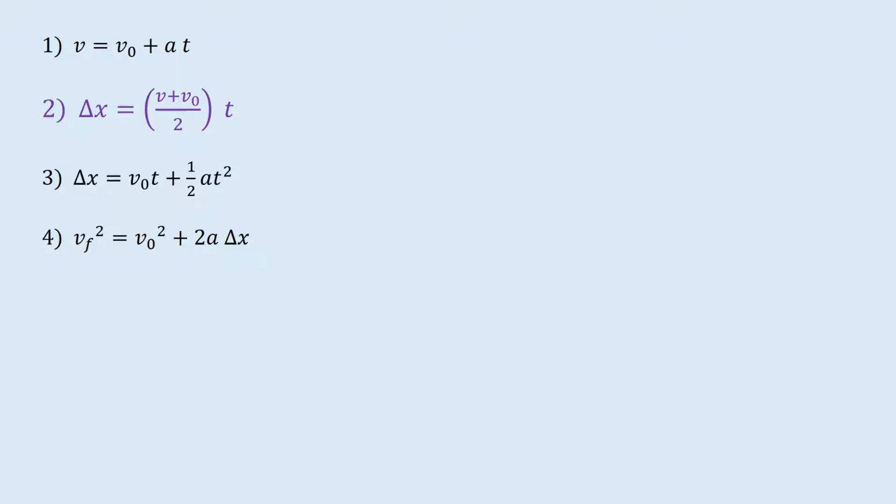So for the second equation, I'm not actually going to be doing a mathematical derivation, but can just explain it verbally, because it's saying that the distance you travel is equal to your average velocity times time, where v is your final velocity, so v plus v naught over 2 is just your average velocity during the time interval of t, because we're taking acceleration to be constant.